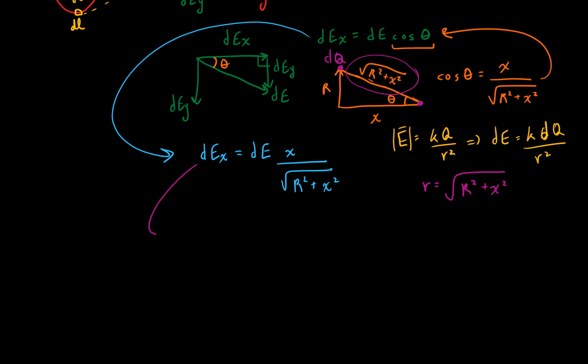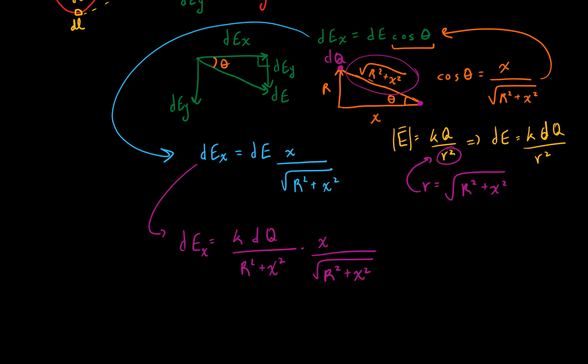So we can go ahead and rewrite this as dEx equal to k dq divided by r squared plus x squared. I can do away with the radical since this denominator is going to be squared, as we see over here, and this will then be multiplied by x over the square root of r squared plus x squared.